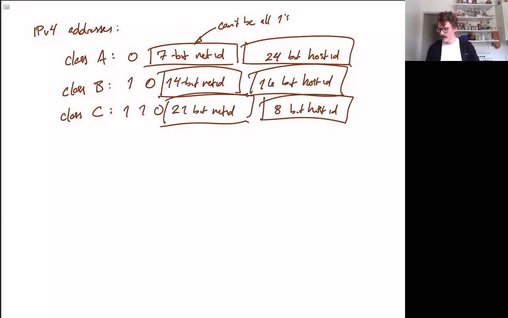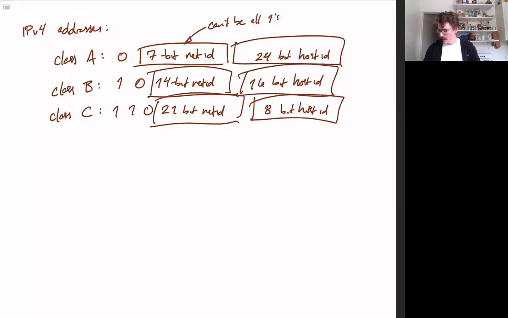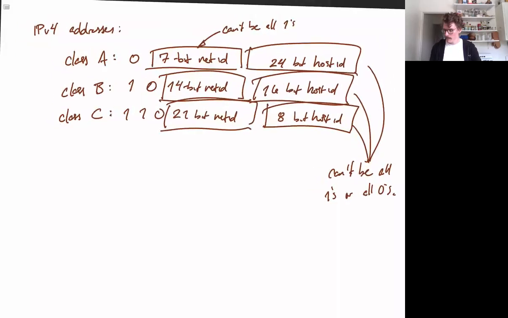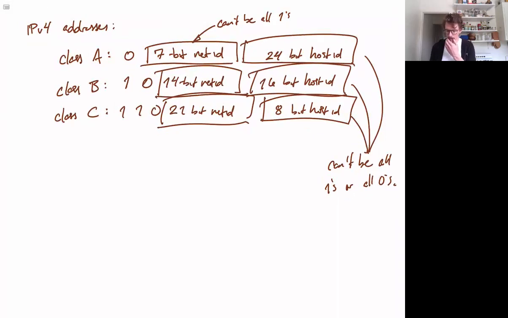Okay, and I said that this class A net ID cannot be all ones, and there is also the restriction that any host ID, in any case, can't be all ones or all zeros. And the question is, how many addresses total?